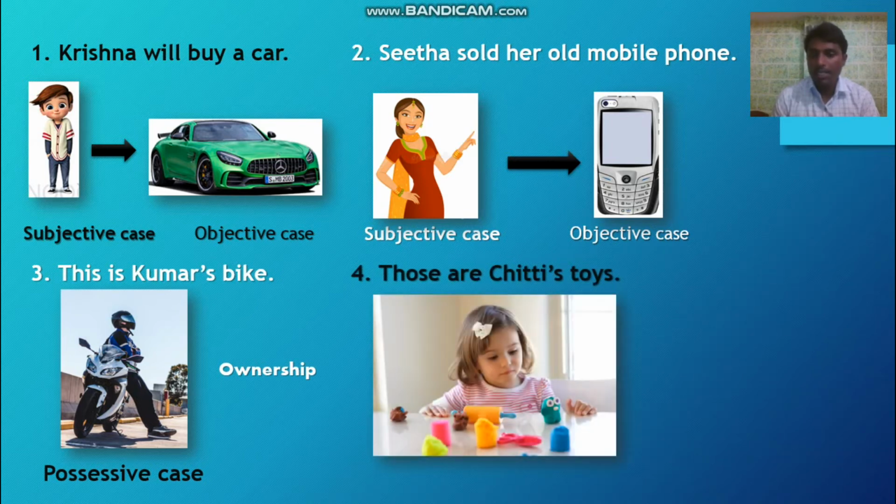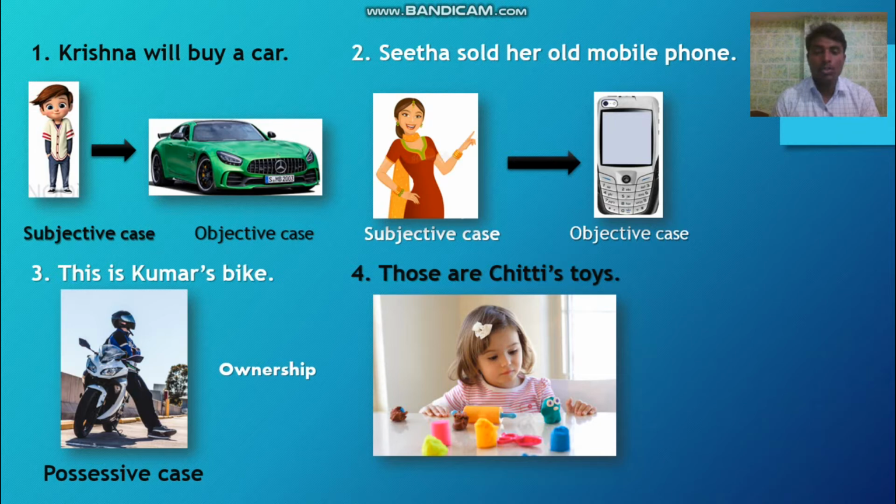Those are Chitty's toys. To get what is in the possessive case, we need to ask again that same question: whose toys are those? The answer to this question gives what is in the possessive case.